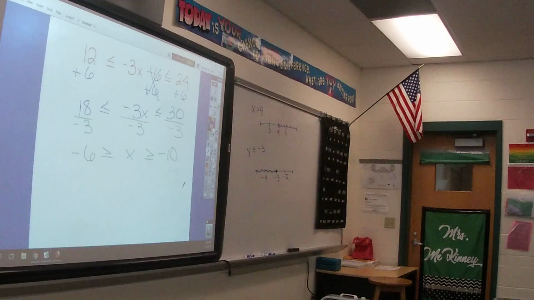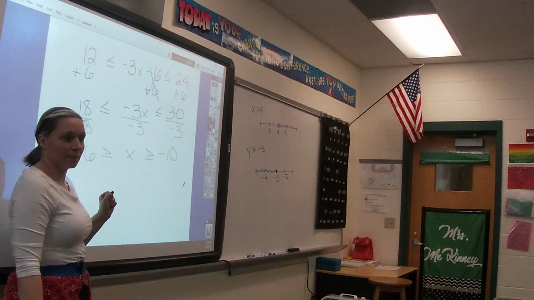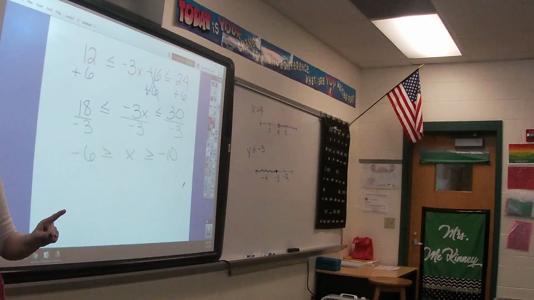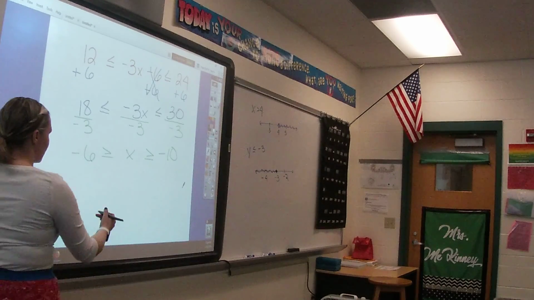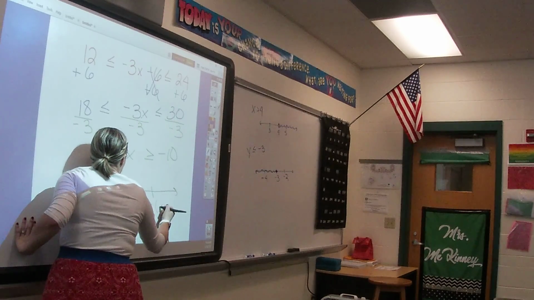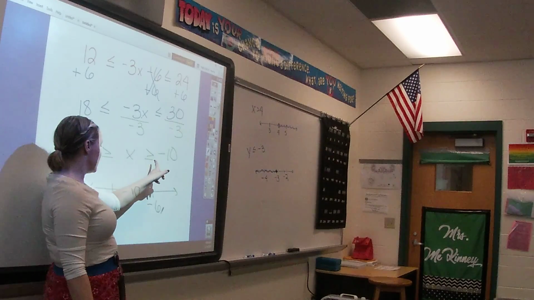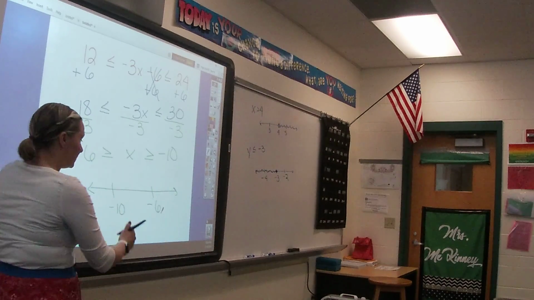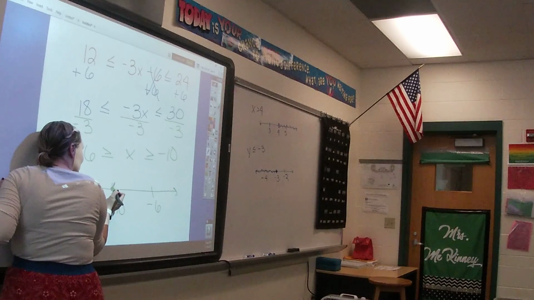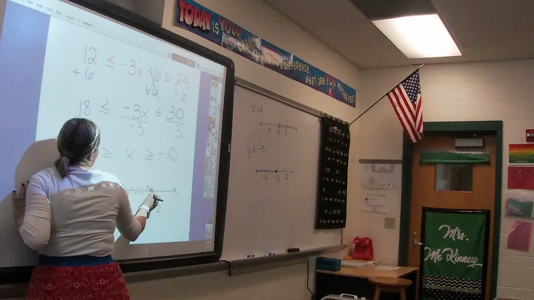Is -6 greater than or equal to -10? Yes. It seems backwards. Negatives are backwards, right? Smaller number has to go on the left, which means -10 is our smaller number. These both get filled in circles. Shade in between.